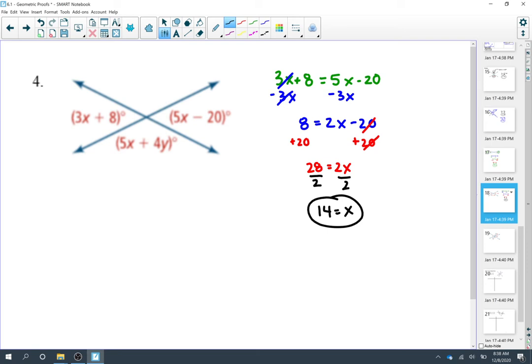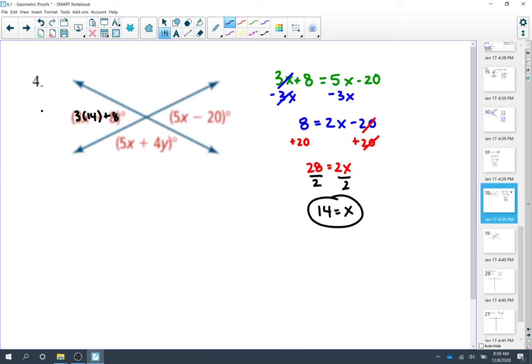Now I know 14 equals x, but I still have a y down here, and we can't have that y. So I'm going to do a couple things. If 14 equals x, I'm going to substitute that back in. So I'm first going to take 3 times 14 plus 8, which is 50.